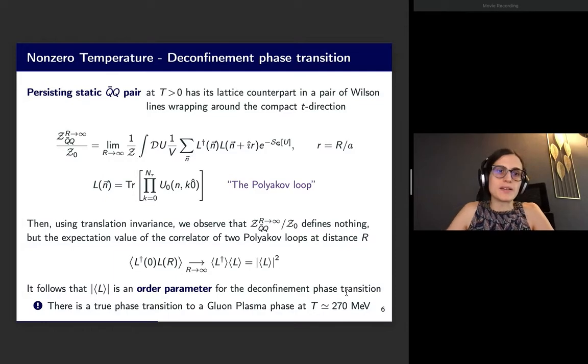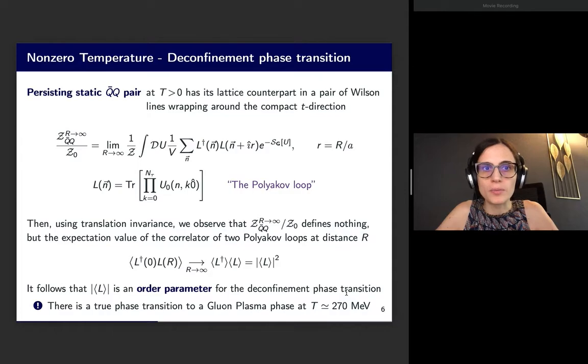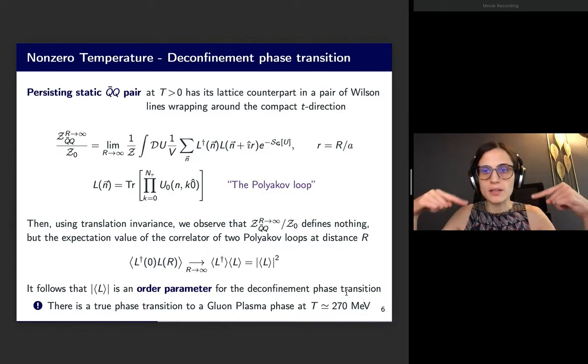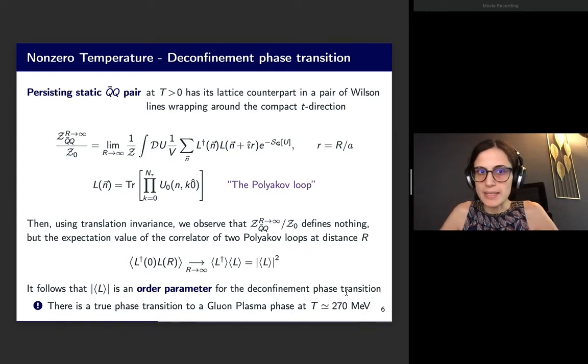And if we write that down explicitly, we can understand what the relevant lattice observable is. Why? Because a persisting static QQ bar pair on the lattice at T greater than 0 has as its lattice counterpart a pair of Wilson lines that are wrapping around the compact t direction. How do you understand that? These are static quarks. We know that for static quarks, we can construct what on the lattice is called a hopping parameter expansion.